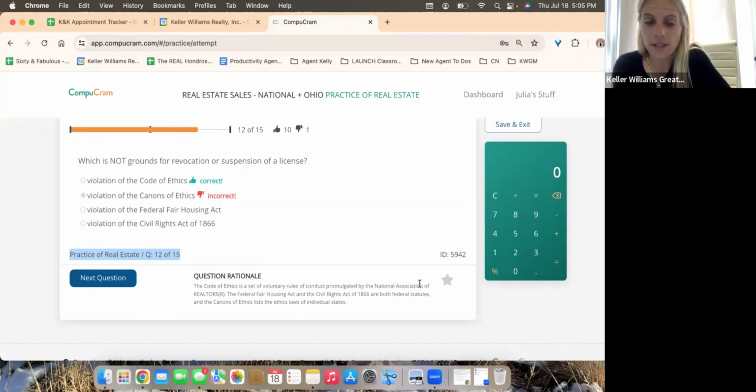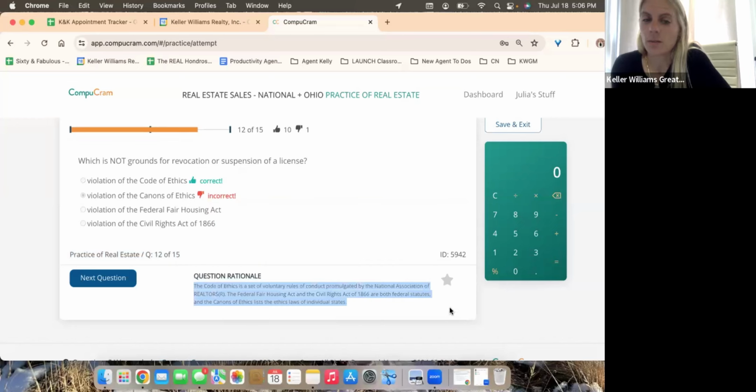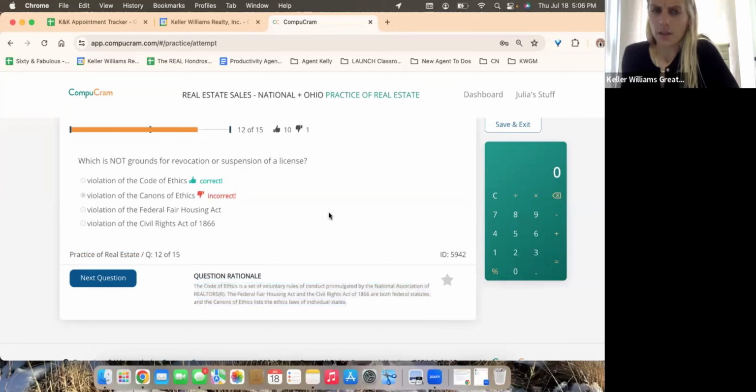The code of ethics are the voluntary rules, whereas the canon, Federal Fair Housing, and Civil Rights Act can all affect your license, whether it be revocation, suspension, or void. That was hard. So know that what is not grounds for revocation or suspension of a license is going to be the code of ethics.